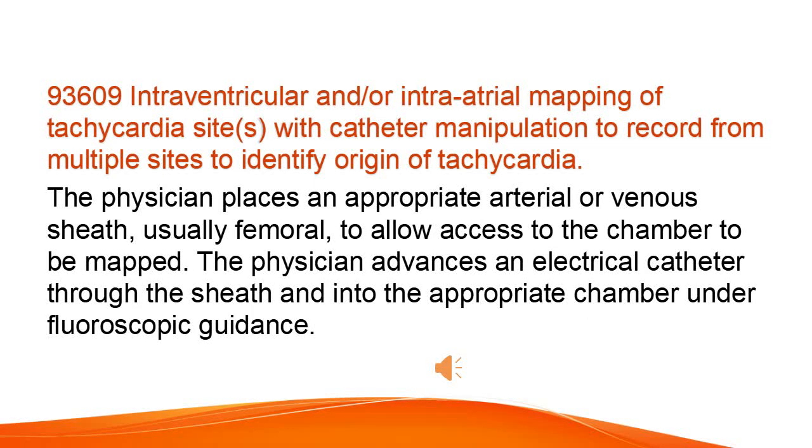Intraventricular and/or intraatrial mapping of tachycardia site, with catheter manipulation to record from multiple sites to identify origin of tachycardia. The physician places an appropriate arterial or venous sheath, usually femoral, to allow access to the chamber to be mapped. The physician advances an electrical catheter through the sheath and into the appropriate chamber under fluoroscopic guidance.